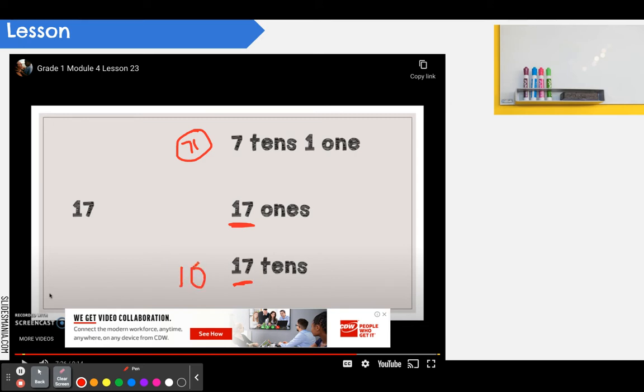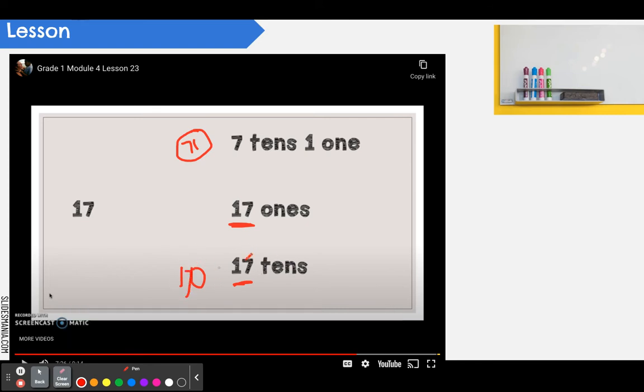This number would be 170. So this number is not the same as 17. Therefore, my only choice would be this number. Okay, so I think we can figure out the lesson.